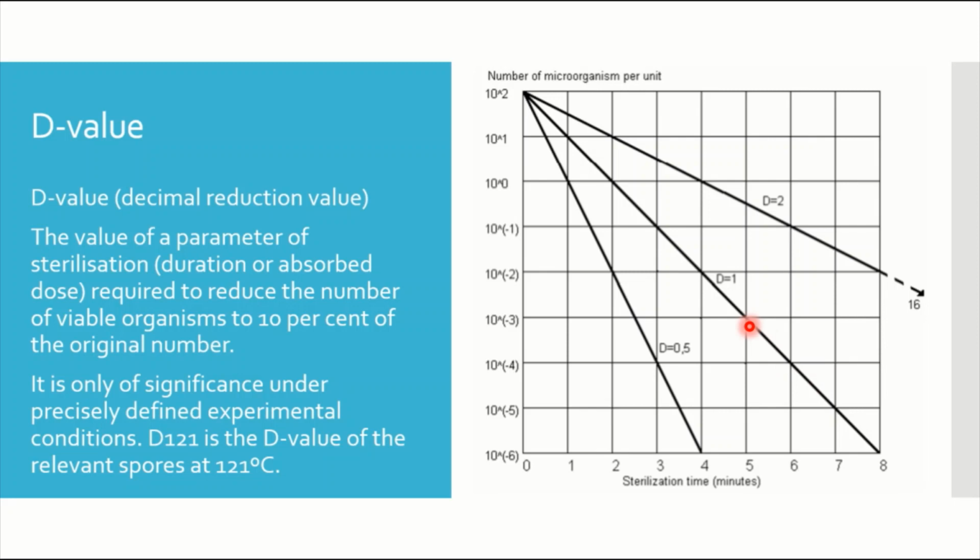For a D value of 1, every 1 minute we are expecting a 1 log reduction or 10% of the initial population, so it's 8 minutes. And if it is 2, the organism is more robust, with higher resistance than 0.5, so here we are getting 16 minutes. Hopefully you are able to understand the significance of the D value. A more resistant biological organism needs more sterilization time.